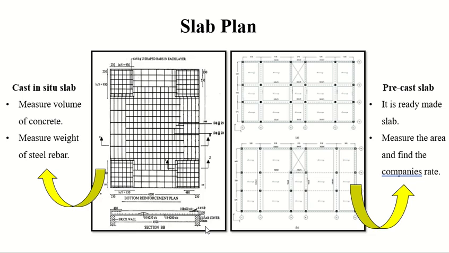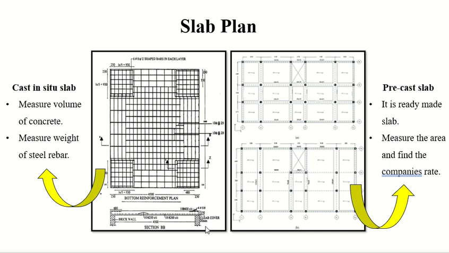If it is cast in situ, the contractor is charging you for concrete, the material, and the steel. Obviously, if you are using steel, he will charge you for steel. So if somebody says I have a 20 by 20 meter slab and it is cast in situ, you will calculate the price for concrete and steel.